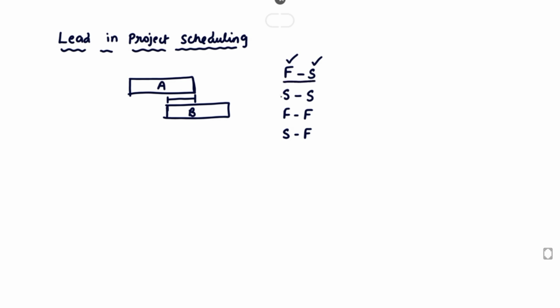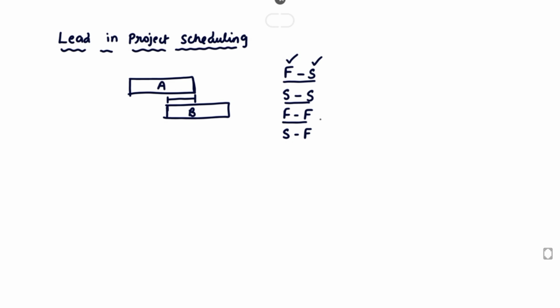The next thing is when the activities will be started concurrently. We don't bother about the finishing time. Only the starting of the first activity will be the starting time of the second activity. So that is called start to start. Then finish to finish: the activities start in an independent way, but both activities finish at the same time.